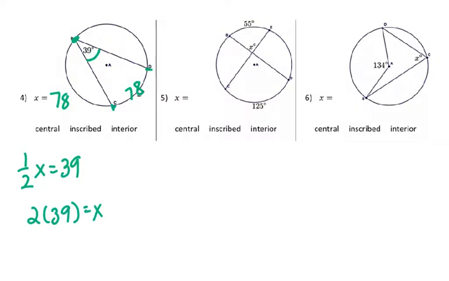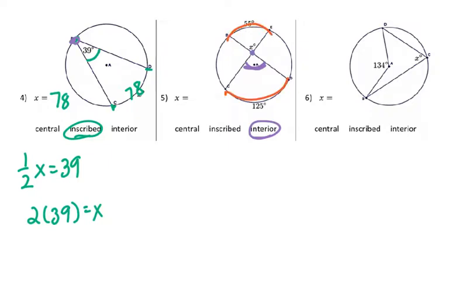Okay, number 5. Oh, we're supposed to classify that. Okay, number 5, the vertex of the angle is inside, so it's not a central angle because it's not on the center, but it's not an inscribed one because it's not on the circle. So this is an interior angle. This is probably the hardest one to remember the formula for, but what it is, this angle is equal to half the sum of these two right there.